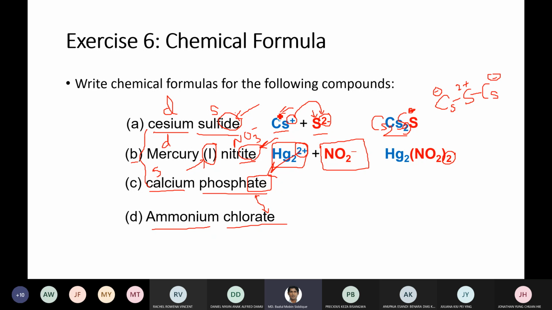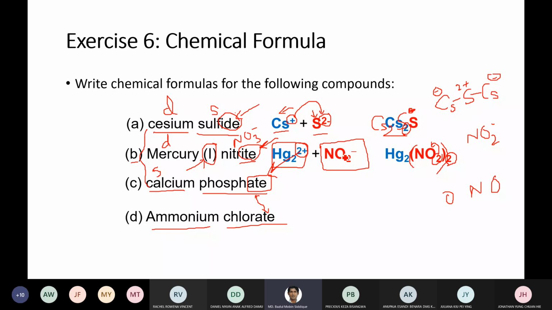But when we are showing these 2, they mean there are 2 NO2, each of them carrying 1 negative charge. But this other 2 means there are 2 oxygen in 1 N. So these 2 and those 2 are different, and that is why it is in parentheses or brackets.